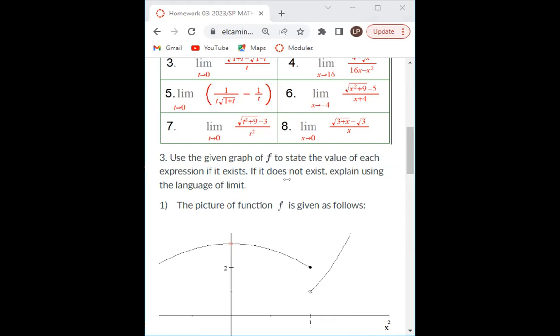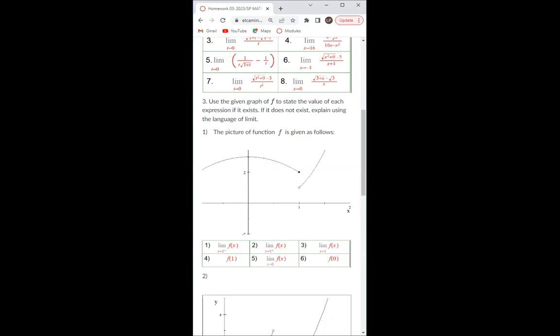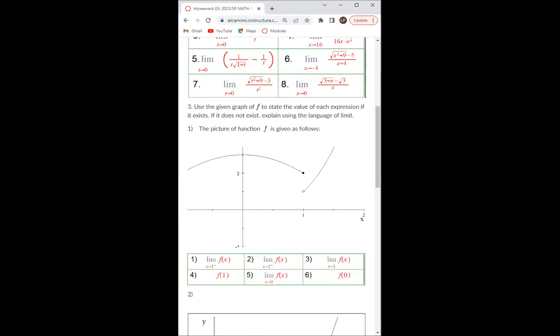Just 1 second. Maybe I can make this just a little bit larger, and then I'm going to share both screens right here. I think this is better.